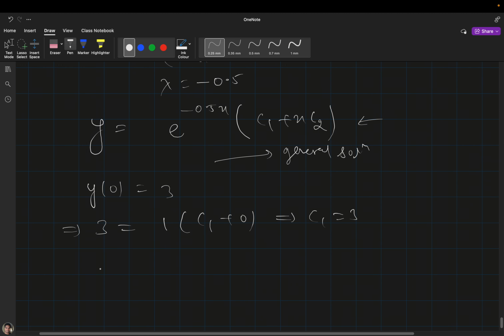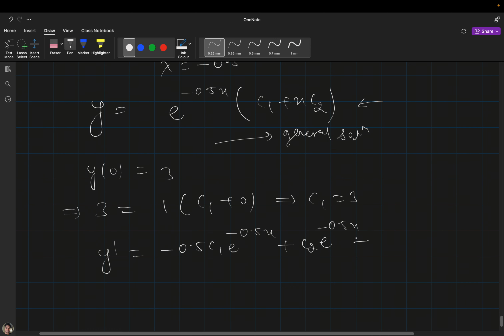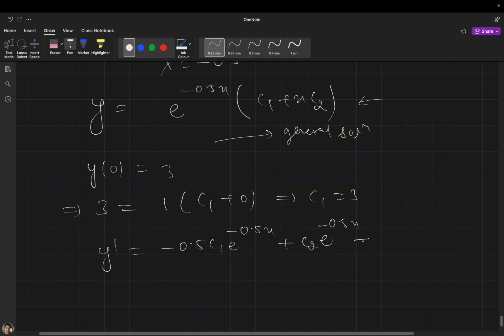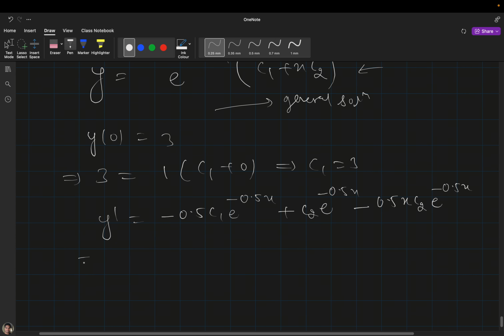Now you have to get the first derivative, that is nothing but minus 0.5 c1 e^(-0.5x) plus c2 e^(-0.5x) plus minus 0.5x c2 e^(-0.5x).